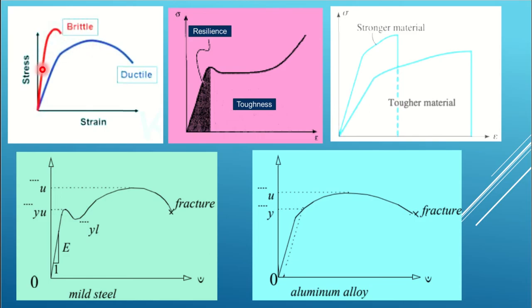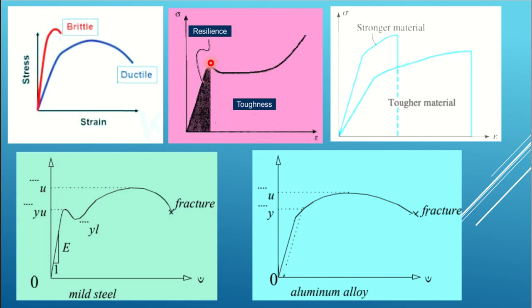Initially the stress strain curve is a straight line, and this is the yield point. After this point, if the curve goes like this, you can say that it is ductile. In brittle materials there is no plastic regime, but in ductile material there is a plastic regime. That is the difference between ductile and brittle.